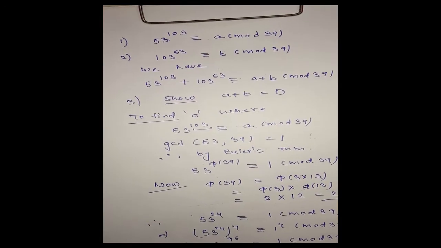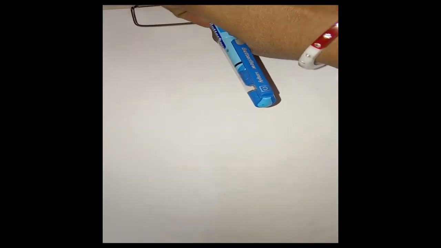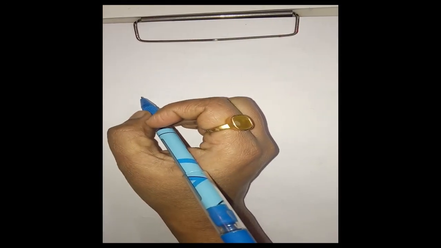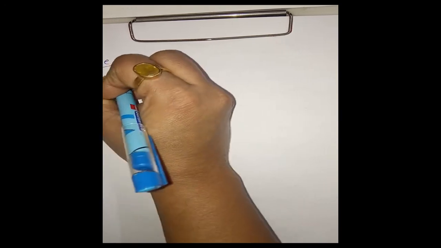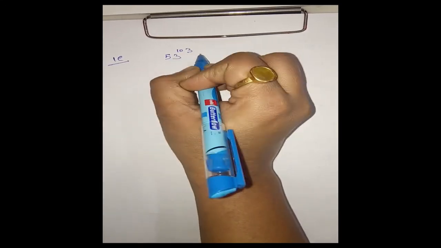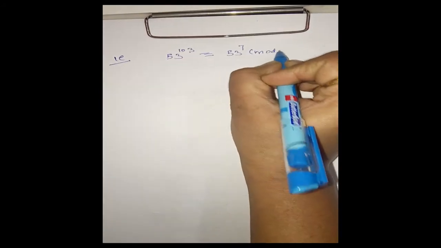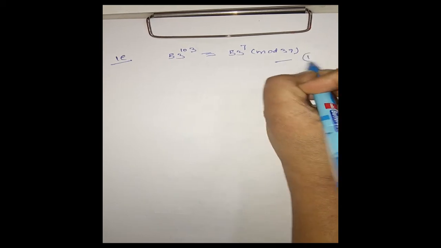That is, we have 53 power 103 is congruent to 53 power 7 modulo 39. Mark this as 1.